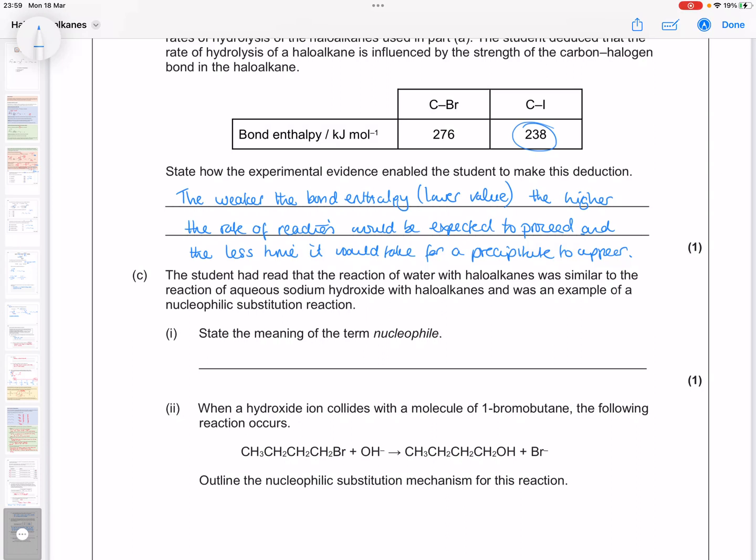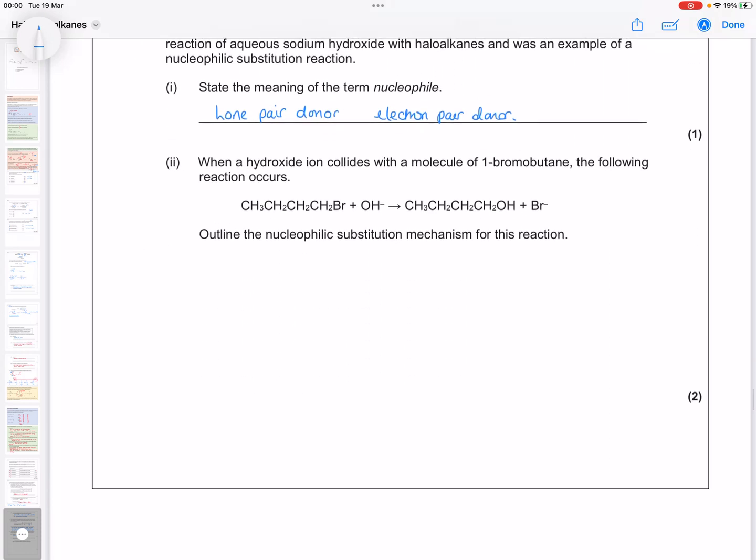Okay, the nucleophile then. So a nucleophile is either a lone pair donor or an electron pair donor. When a hydroxide ion collides with a molecule of 1-bromobutane, the following reaction occurs. Outline the nucleophilic substitution mechanism. So we've got 1, 2, 3, 4, bromobutane. There we go.